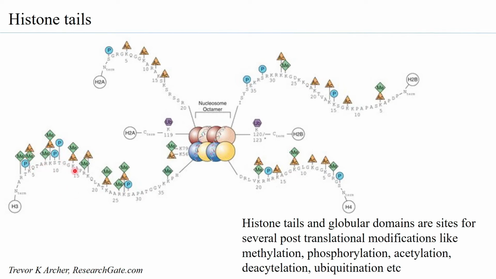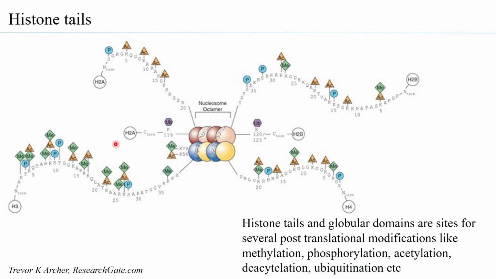That means that on different amino acid residues, you can have different chemical groups being added. What can happen is methylation, so methyl groups can be added; phosphorylation, phosphate groups can be added to, for example, serine residues or tyrosine residues. Acetylation is also possible at lysines. Deacetylation, so if you already have an acetyl group added to a lysine, the acetyl can be removed, or you can have ubiquitin coming and binding as well.